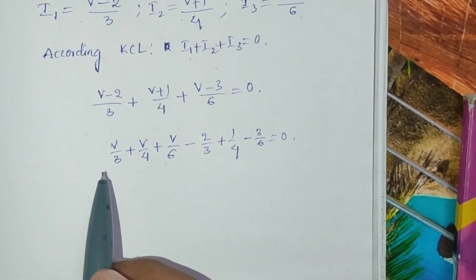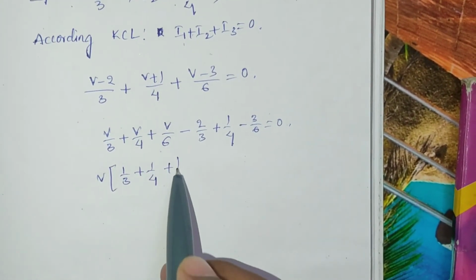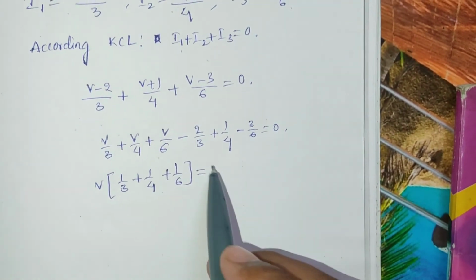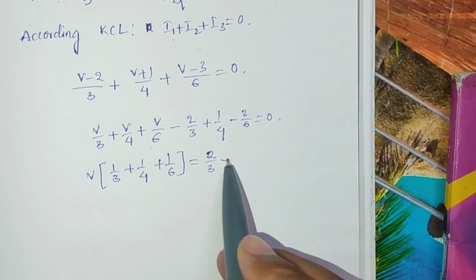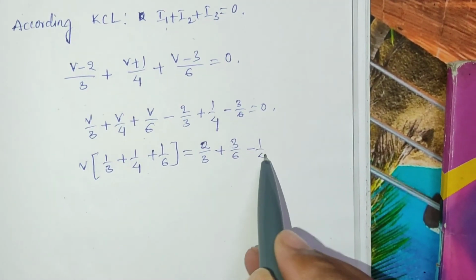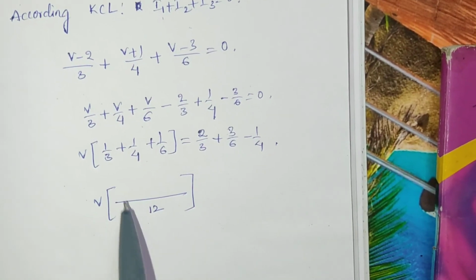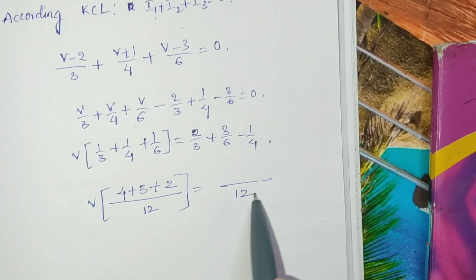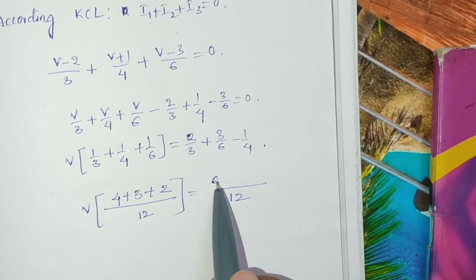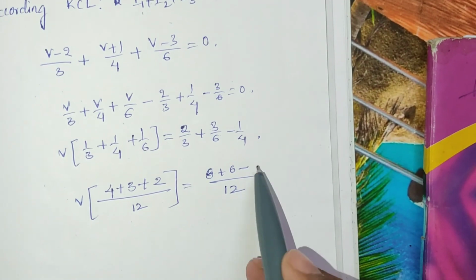So I am taking the V common here. That will be 1 by 3 plus 1 by 4 plus 1 by 6, and I am taking the remaining terms to the other side of the equal sign. That will be 2 by 3 plus 3 by 6 minus 1 by 4. Okay, so I am taking the LCM here, 12. That will be 4 plus 3 plus 2 on the left, and on the right 4 into 2, that will be 8, plus 6 into 2, that will be 6, minus 4 into 3, that will be 3.